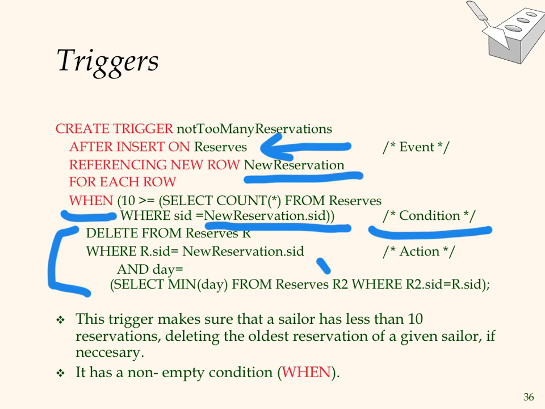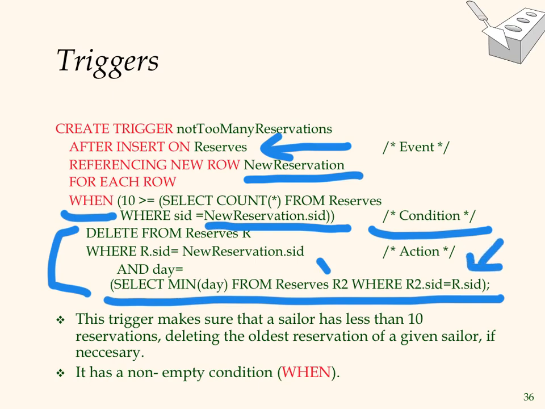Where we said, for example, find the age of the youngest sailor. So more specifically, this subquery here will find the oldest reservation from the reservations made by that sailor. So notice the correlation here. Again, we should be getting used to this.